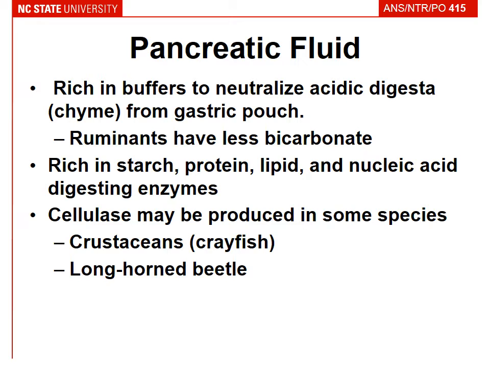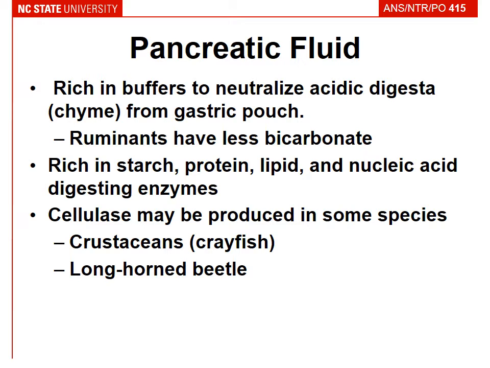But back to the pancreas. The hydrochloric acid within the stomach has a very low pH, so we utilize the pancreas to secrete some buffers that can neutralize that acid, because that would not bode well for the intestines if we have a lot of acid coming through and staying very low.